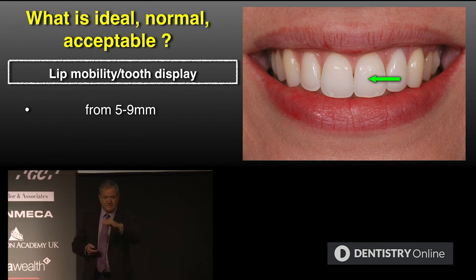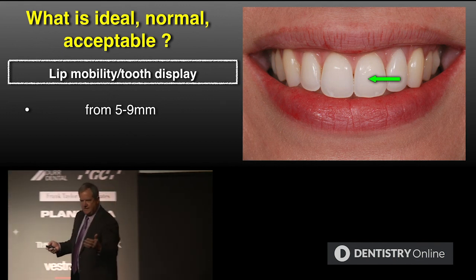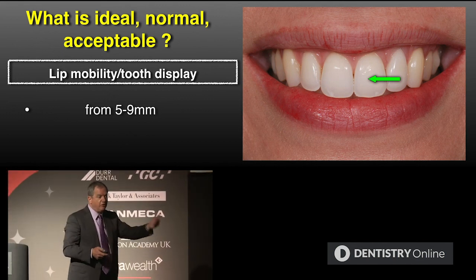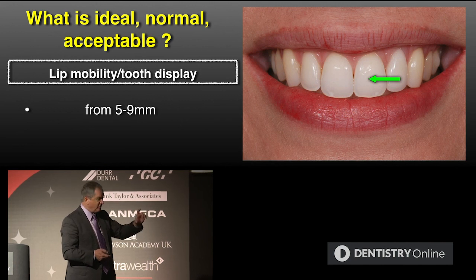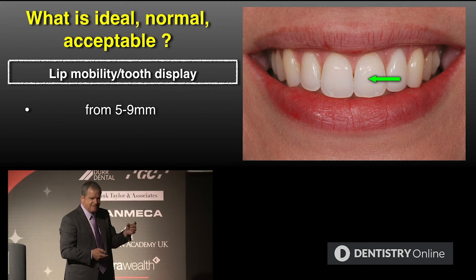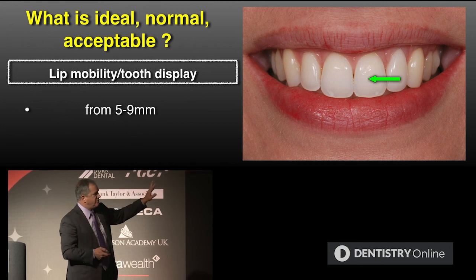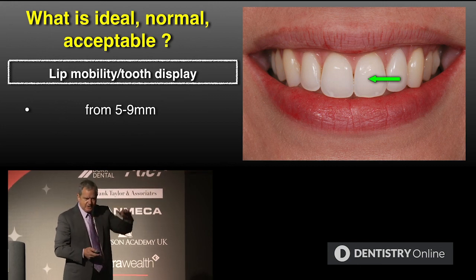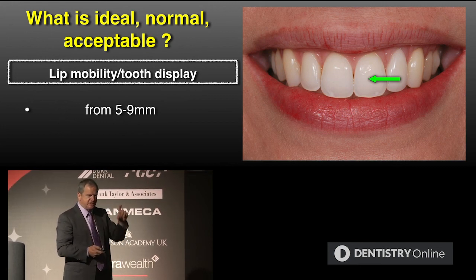If the lip moved 7, you'd see the whole central and no gingiva. If the lip moved 12, you'd see the whole central and 5 millimeters of gingiva. If the lip only moved 4, you would only see about 7 millimeters of central in a smile. So we combine lip mobility and how much shows at rest when we think about positioning teeth.